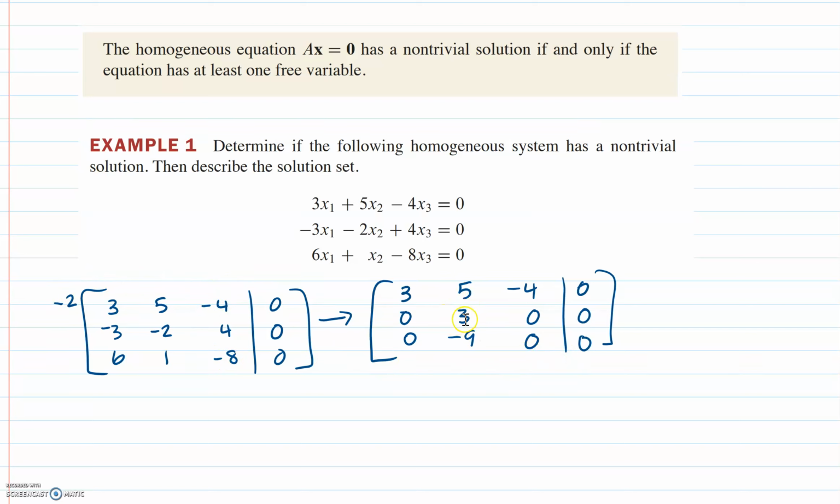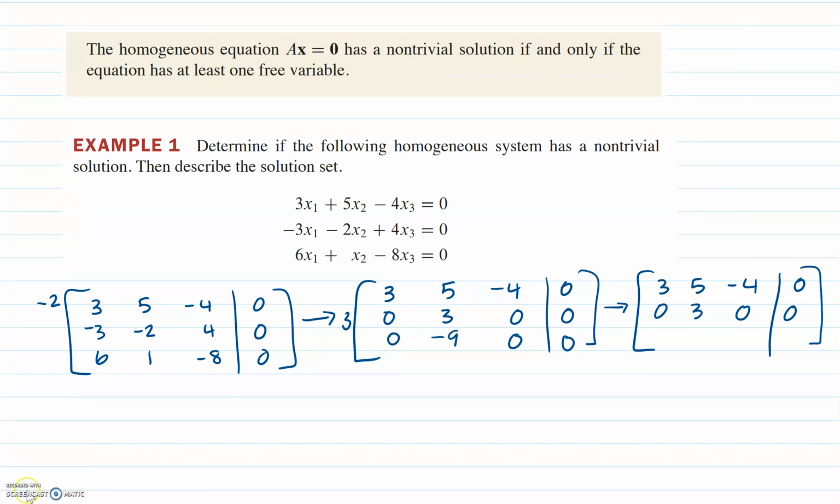I could make that a 1, but since negative 9 is a multiple, I'll just multiply the second row by 3 and add it to the third, leaving my first and second rows alone. So we get 0, 0, a row of zeros.